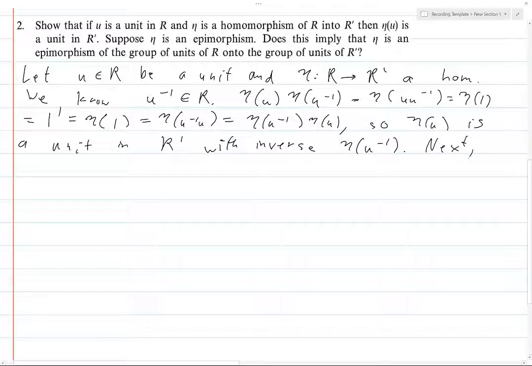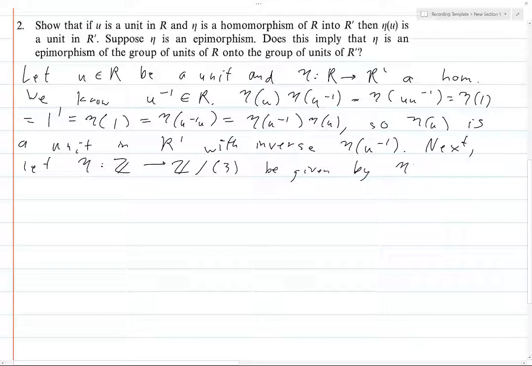Next, let eta be the map from Z to Z mod 3 given by sending k to its modulo class in Z mod 3. Eta is clearly an epimorphism, because we've talked about this.